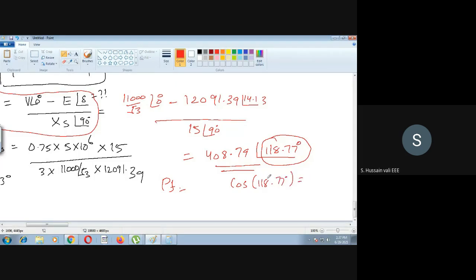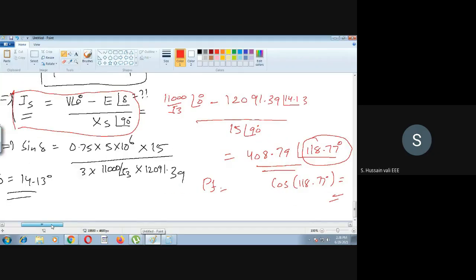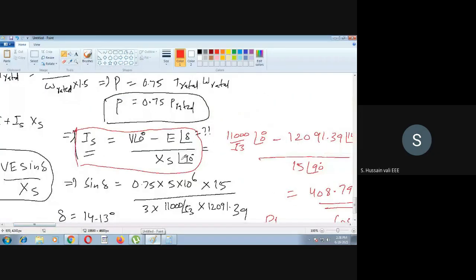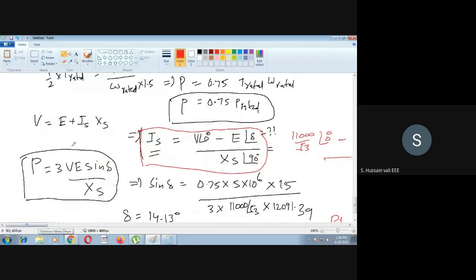You will get 0.48. Of course, you will get a negative value, but you take it as positive only. So this is the power factor. See, we only need these equations: one equation we got directly, and this is the only other equation you might have got somewhere.